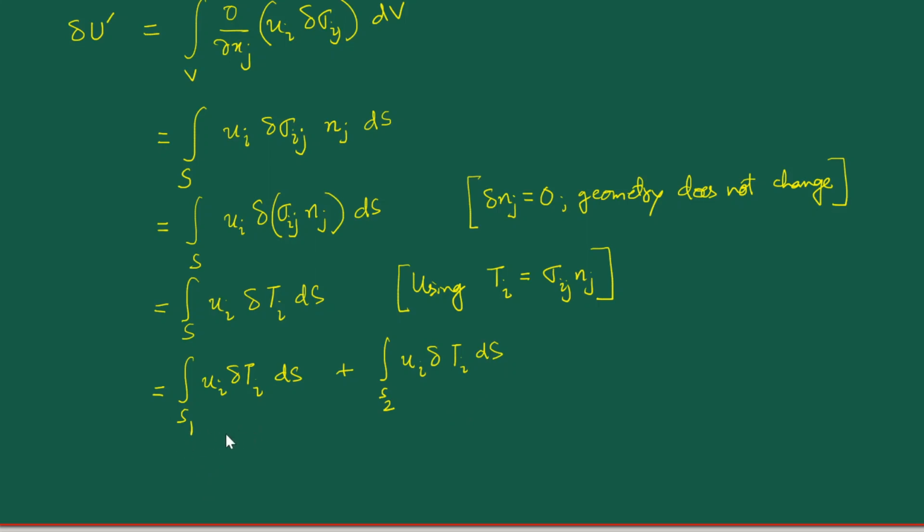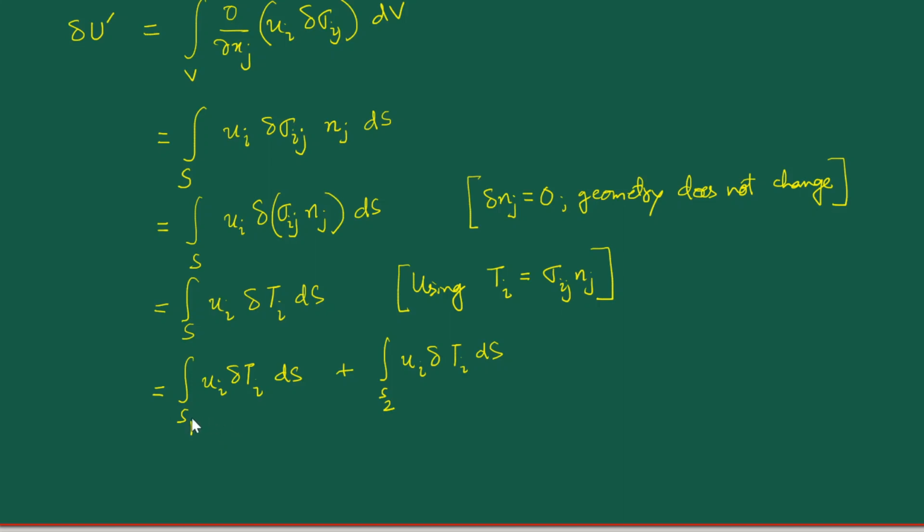This first integration is over S1. But over S1, according to our statement, the tractions are actually specified. Okay, so this is a very, very important point to note again. Just like before, before we launched into the proof, we had said that because the body forces are specified to us, the first variation of the body force is going to be 0.